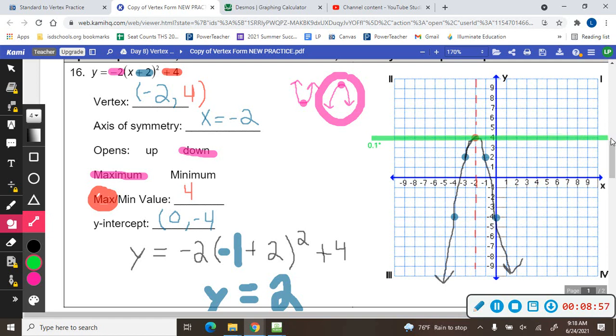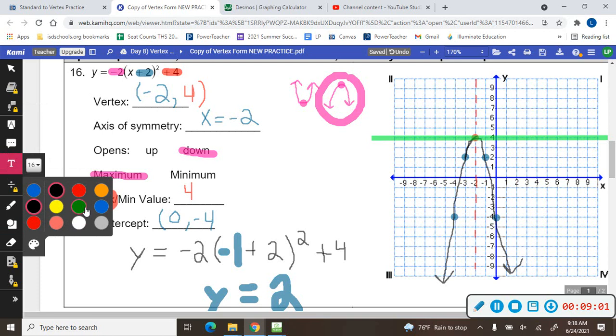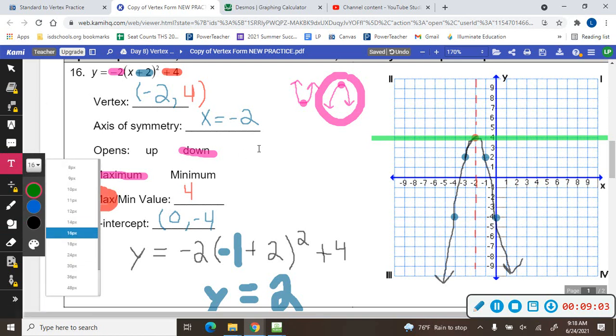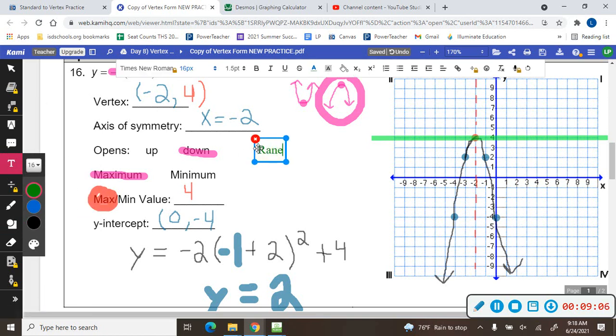It'll never go higher than that. So for range, if someone were to ask you about range, you would say range is y is less than or equal to 4. So it's 4 and under. For domain, you'd say all real numbers.